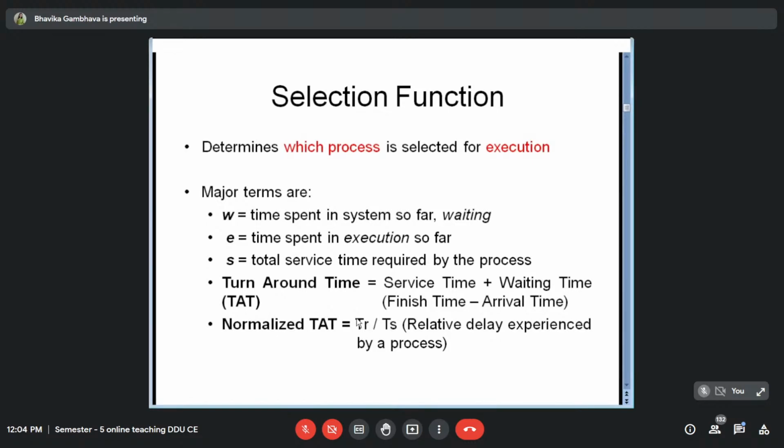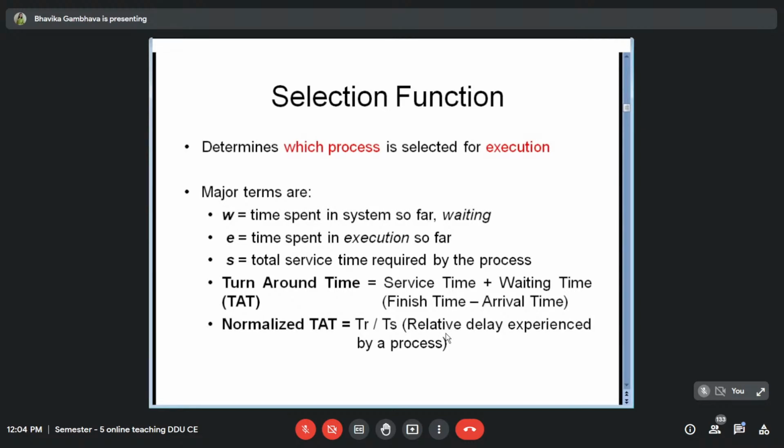If this TR is same as TAT, can I represent that? That is, what is TR? What is turnaround time? Service time plus waiting time. So can I say that service time is TS and waiting time is TW? So TS plus TW divided by TS. That will be same as this. So that is relative delay experienced by a process.